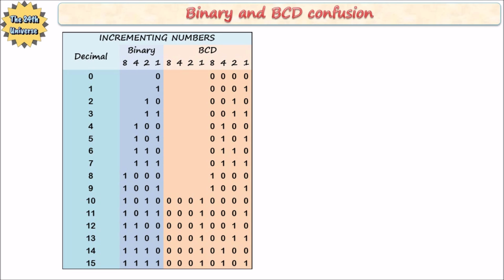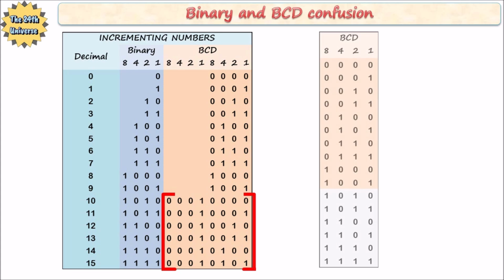Let us look at the incrementing numbers in decimal, binary, and BCD. BCD uses two nibbles to represent decimal 10, 11, 12, 13, 14, 15 after the ninth digit. Since BCD is coded in binary, it is likely for a BCD counter to naturally increment to binary 1010, that is decimal 10, after 1001, that is decimal 9.